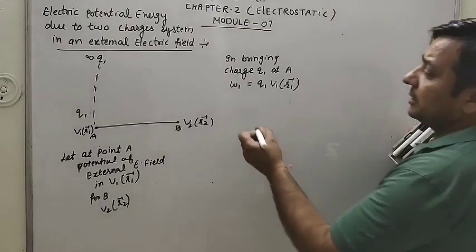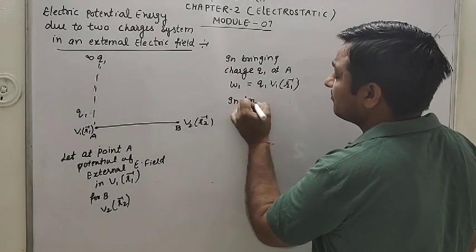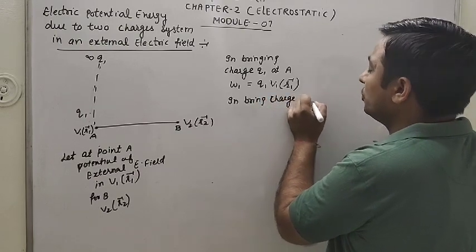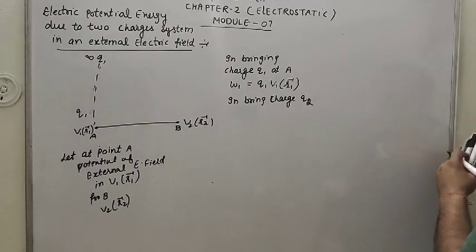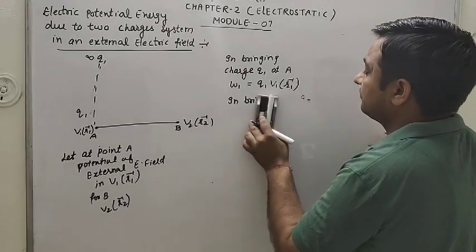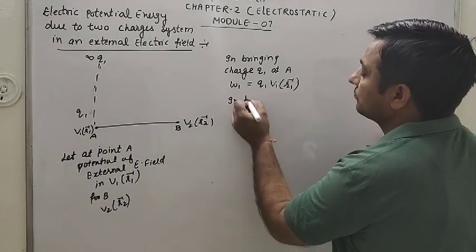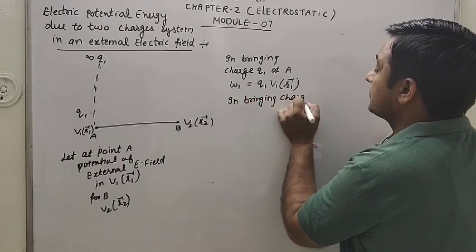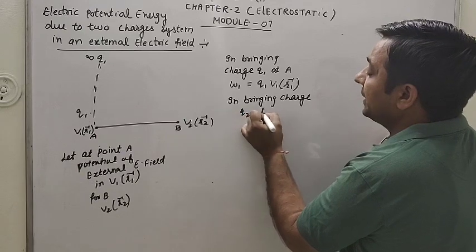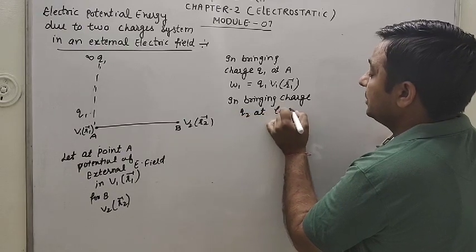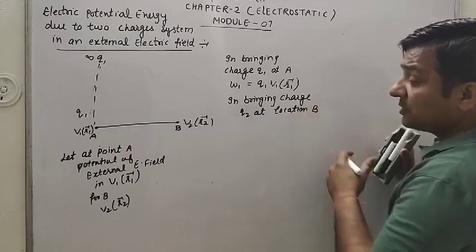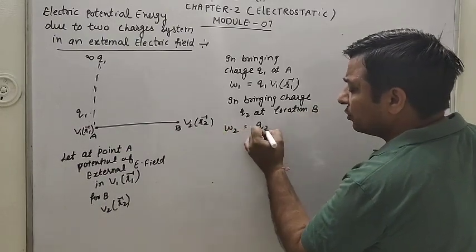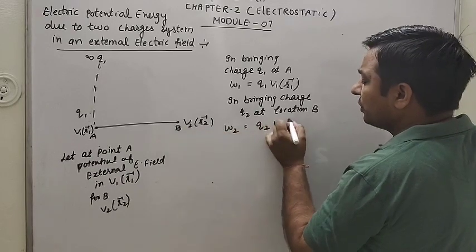Now, in bringing charge q2 to location B, there was already a potential, so the work is q2 V2(r2).